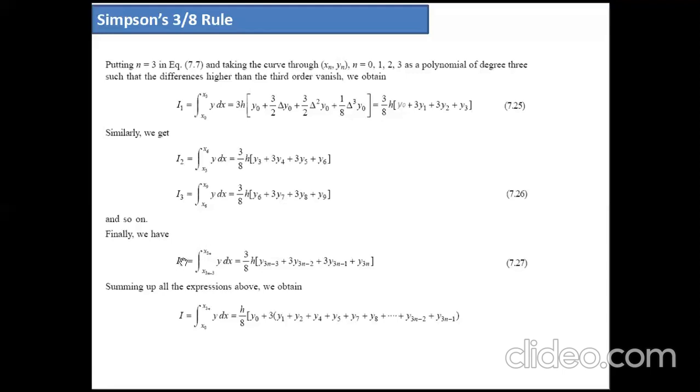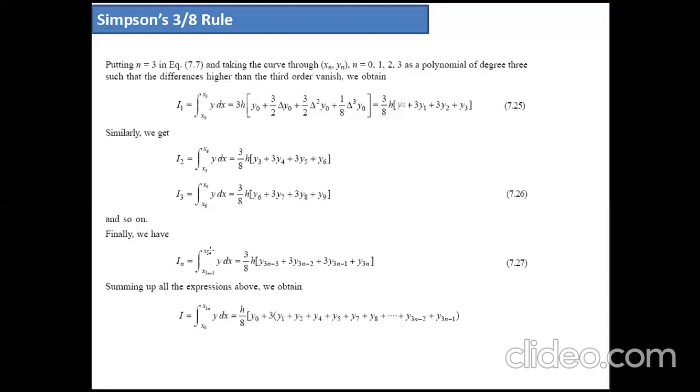In general, you can write the nth integral In as the integral from x3n minus 3 to x3n. Here we are supposing that the number of intervals in this method is a multiple of 3, so we are writing 3n instead of only n. Do you get this point? Normally we write the last point as xn, but here we are writing x3n, just because in this method we use intervals in multiples of 3.